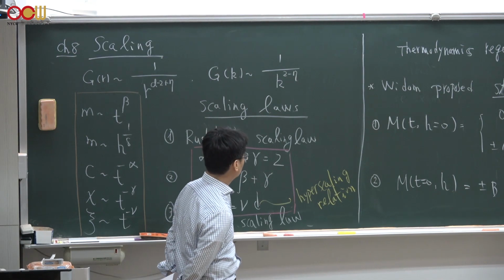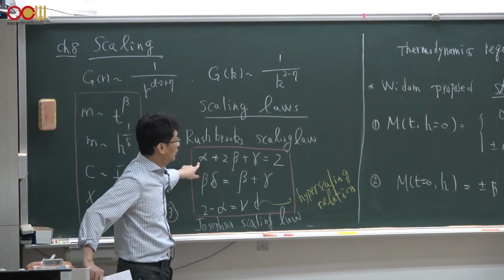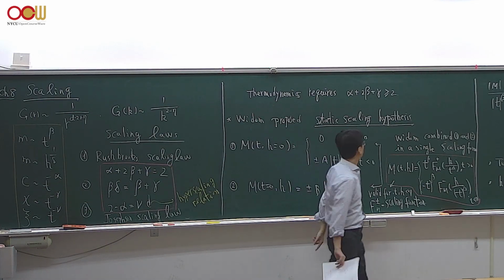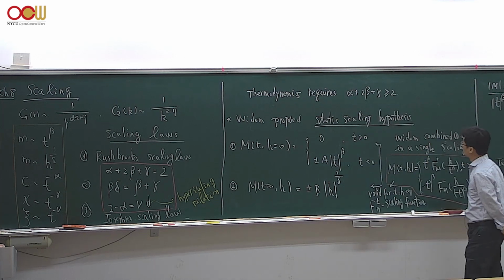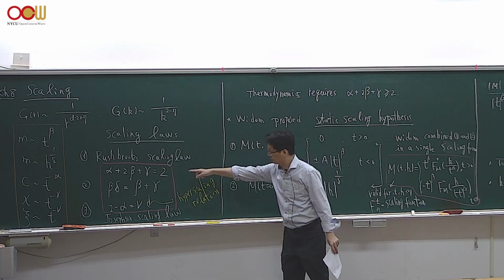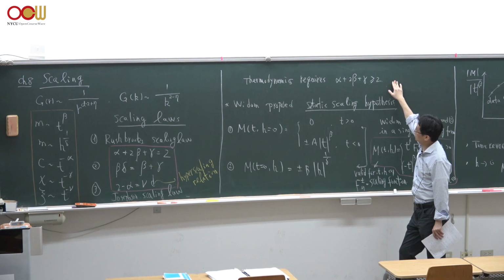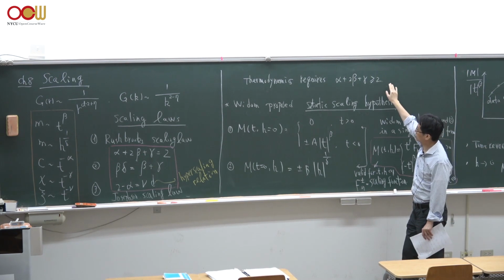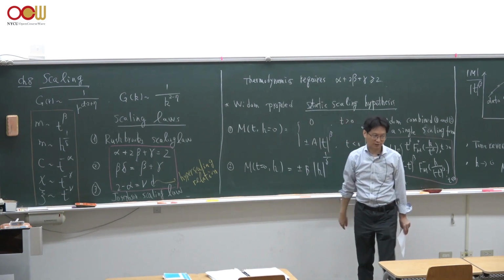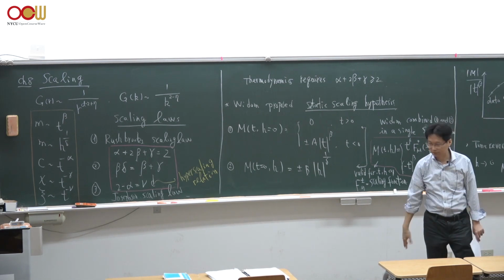Okay, so there's a side remark that the first, Rushbrooke's scaling relation, comes from the thermodynamic requirement that alpha plus 2 beta plus gamma should be larger than or equal to 2. These thermodynamic requirements are actually an inequality, but this inequality near the transition will become an equality. So this relation holds in general.